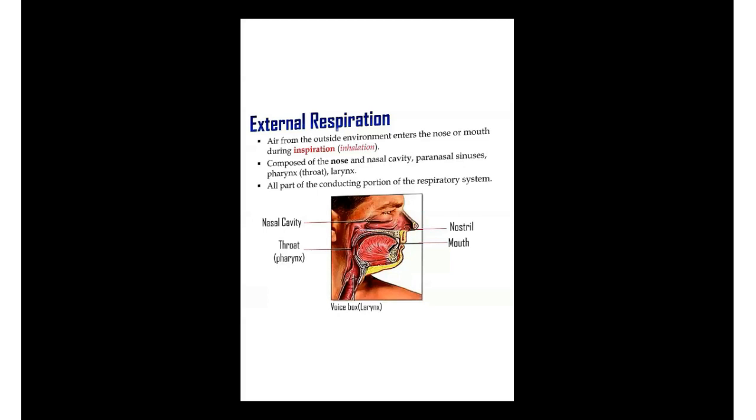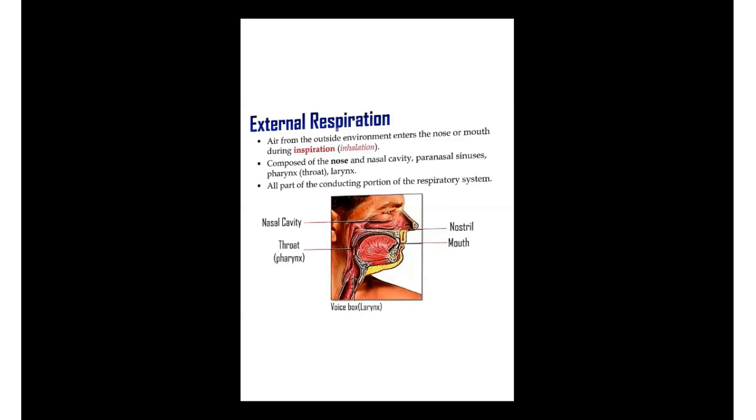So basically, your nostrils. Sometimes, in case of coughing or something, if you're not able to take an appropriate amount of oxygen or air through the nose, you become a mouth breather. So you are taking all of this through your mouth. Okay.